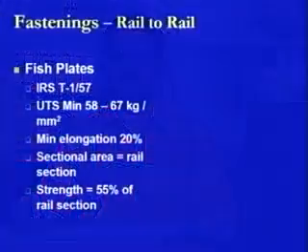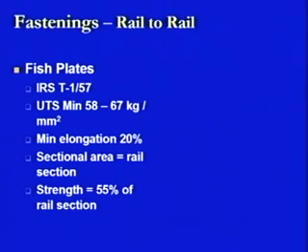In this case, we will start with the very first category, that is rail to rail fastenings. In the case of rail to rail fastenings, the most important and primary fastening being used is the fish plate. Now, this fish plate is designated as IRS T-1/57.